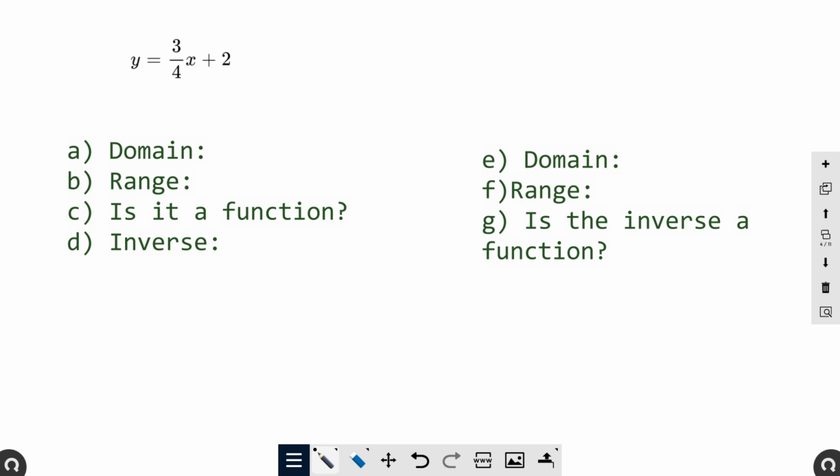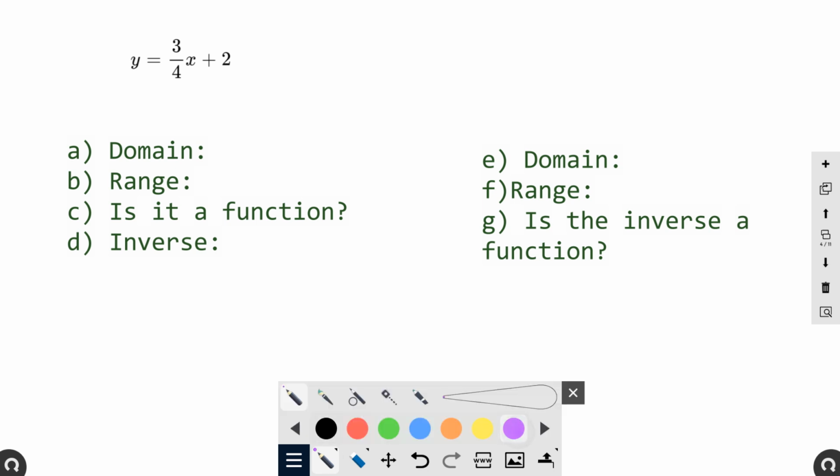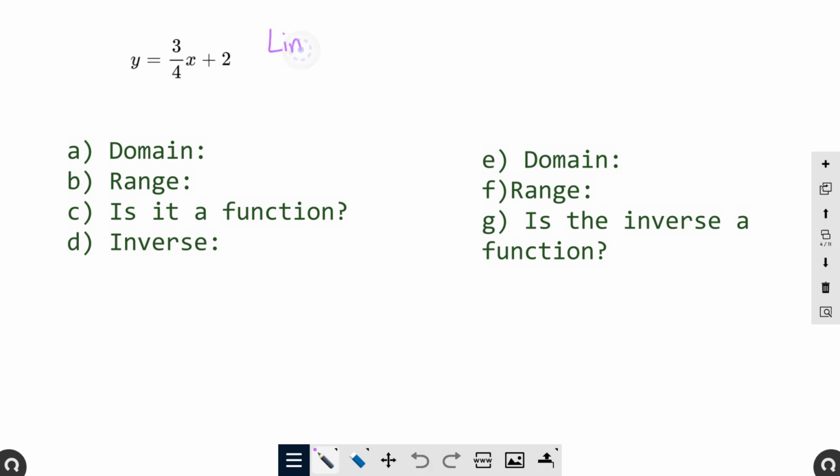Y equals 3/4 x plus 2. Well, what kind of equation is this? It's linear, right? If we graphed it, it would make a straight line. Linears all typically work the same way, so they're going to make a line.